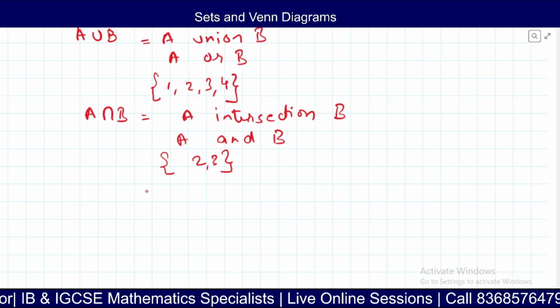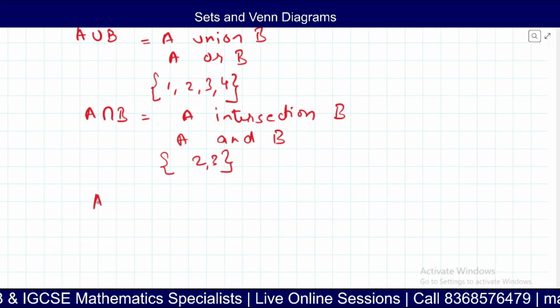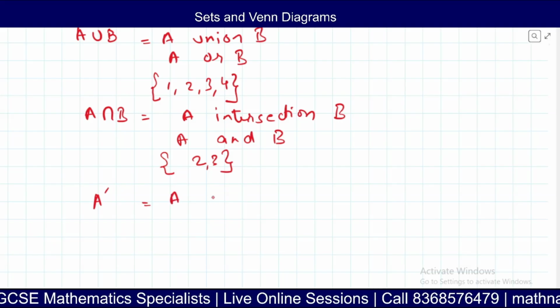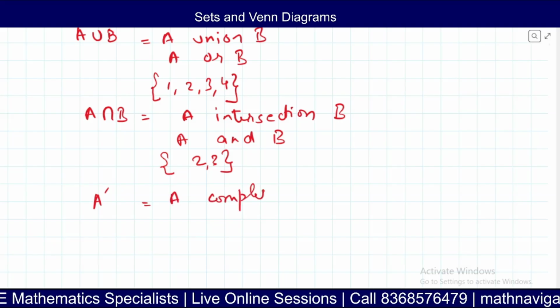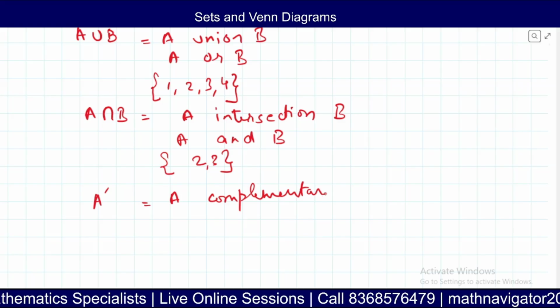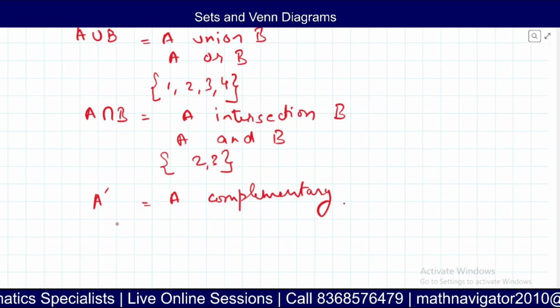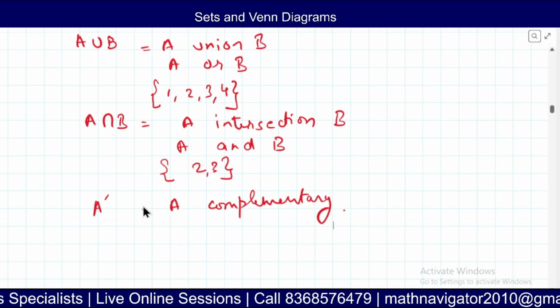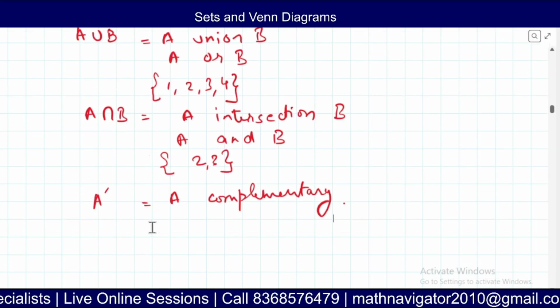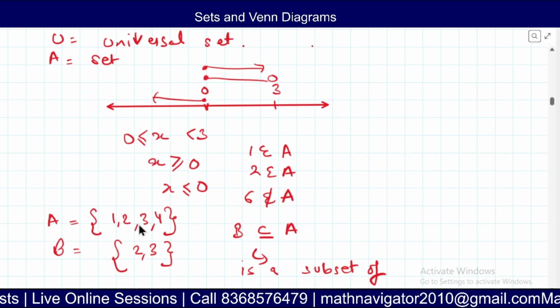Then we have A complement. This is read as A complement, which means not present in A. So A complement is other than 1, 2, 3, or 4.